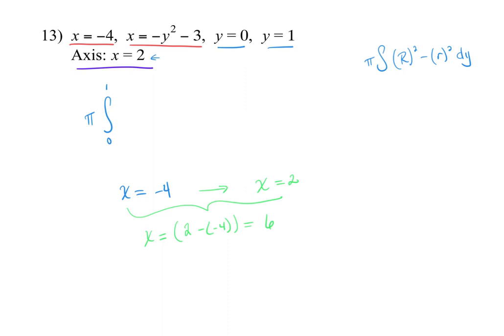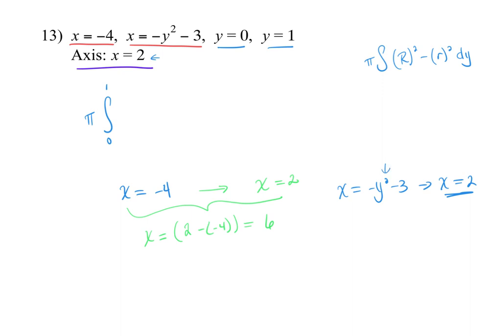Let's look at the other guy. For the other one, we have x equals -y squared minus 3, and x equals 2 is what we're going to compare it to. Again, I need to figure out which one is higher or lower. Well, between 0 and 1, if I plug in anything, this is going to remain a 2.